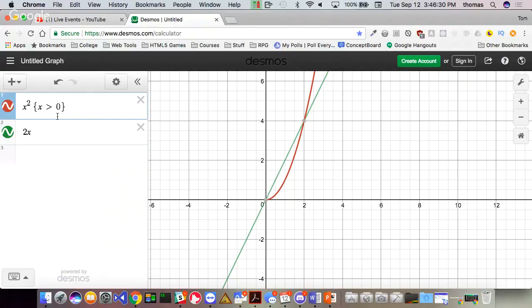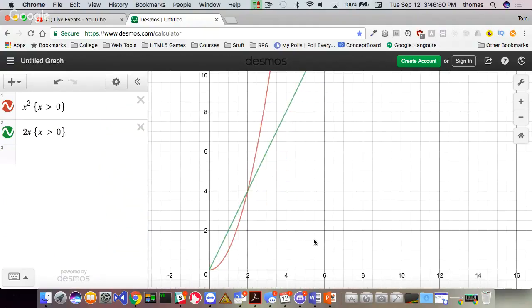All we care about is values of t that are positive, because t is equal to time. So therefore, just keep this in mind now. If I do the same thing for values of 2x, and you'll see why I'm using 2x in a second, where x is greater than 0 again, you can see that we have a line that looks just like this, and it's going to go off into infinity.